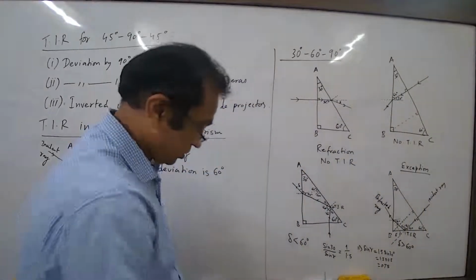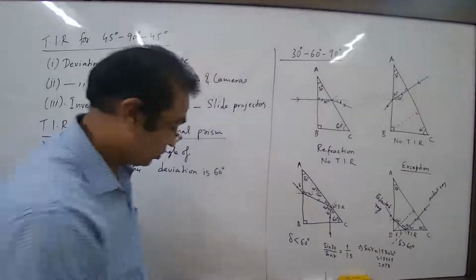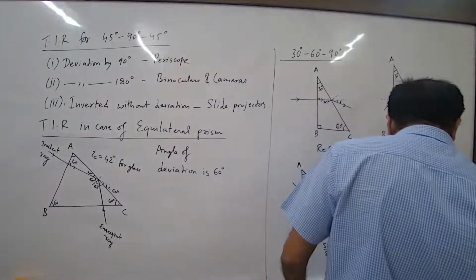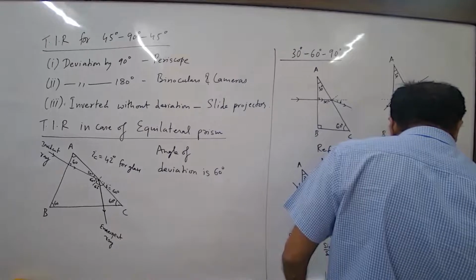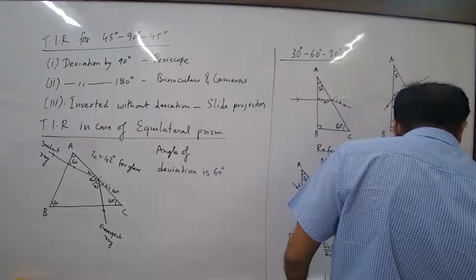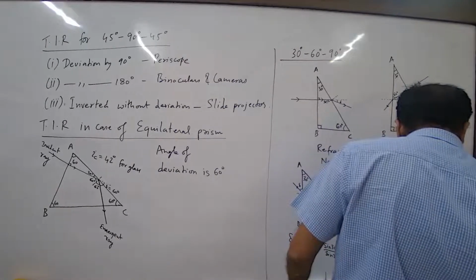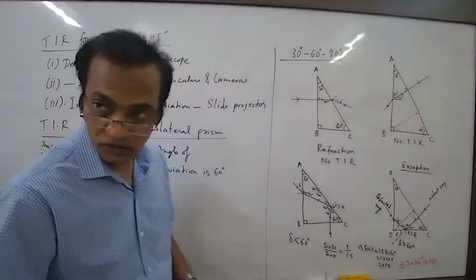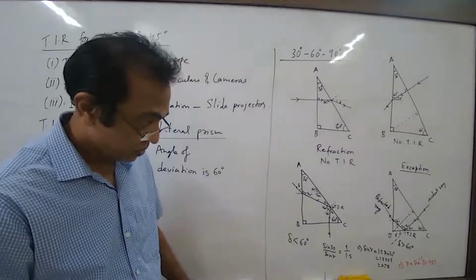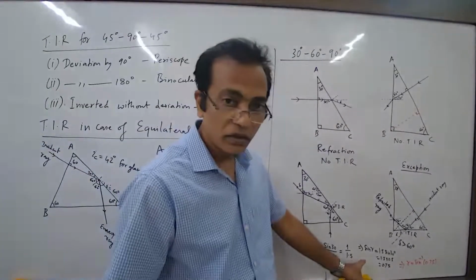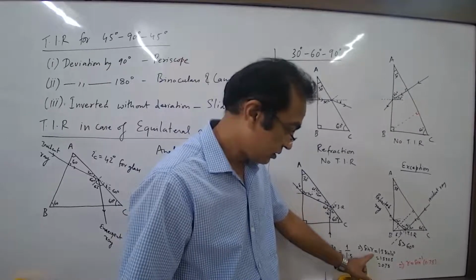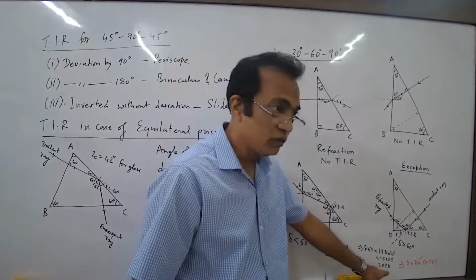So sine of r is 0.75. Therefore, what is r? Therefore, r is equal to sine inverse. Now, this you are yet to learn. Have you learned what is the inverse function of sine? Just like log tables, you will find the angle for which the sine value is 0.75.